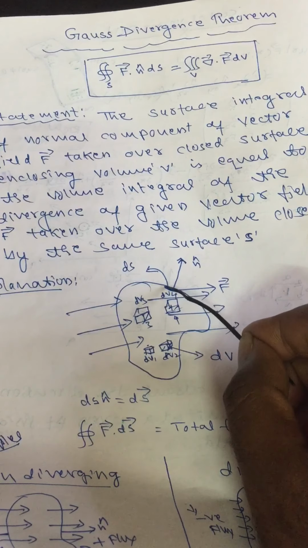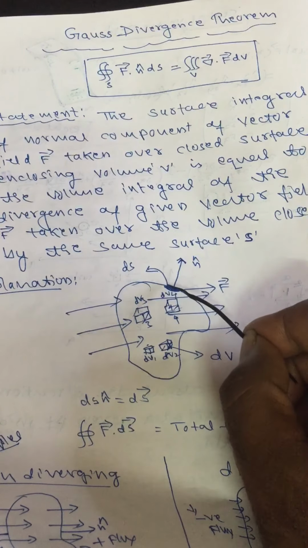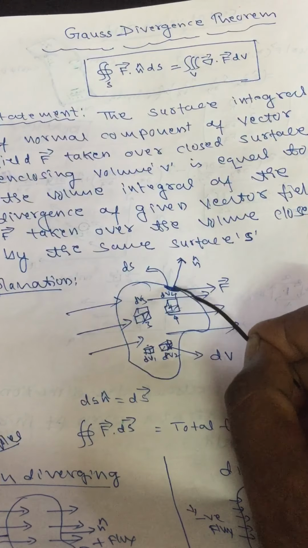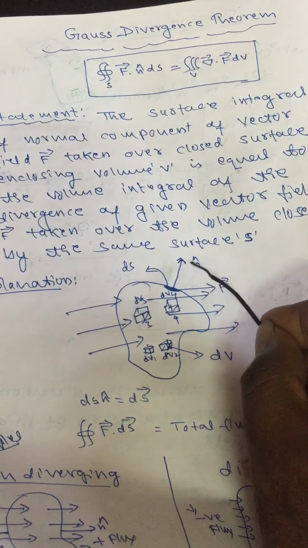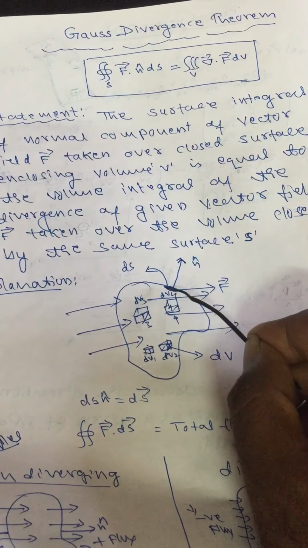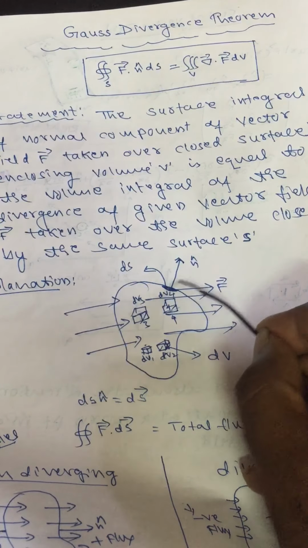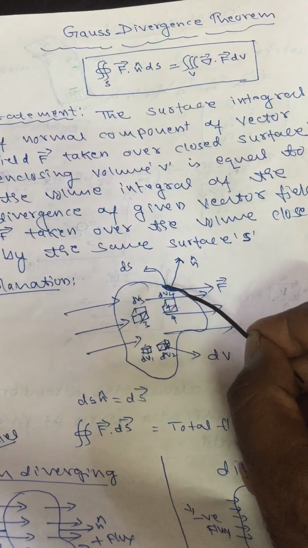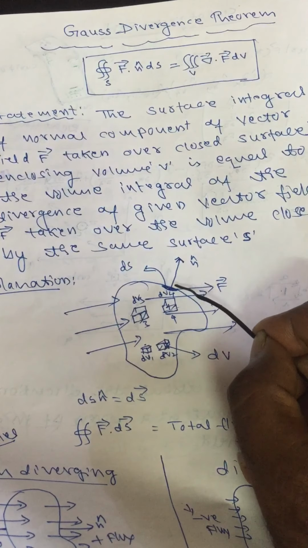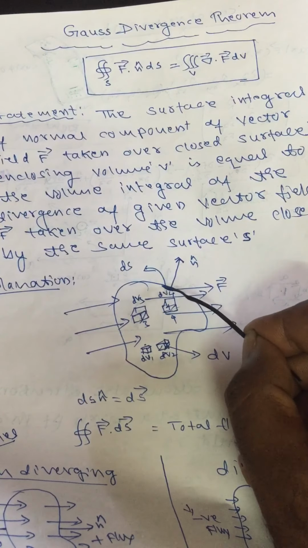This is a small element, an infinitesimal area dS, this is the vector F, and this is the unit vector n cap. The flux means lines of force passing through this area. That is the flux, that is F dot dS. F dot dS gives the flux flowing through this surface, that is the dS area.